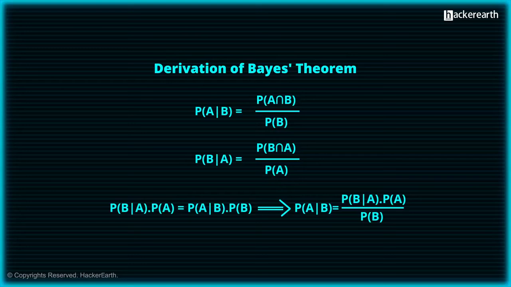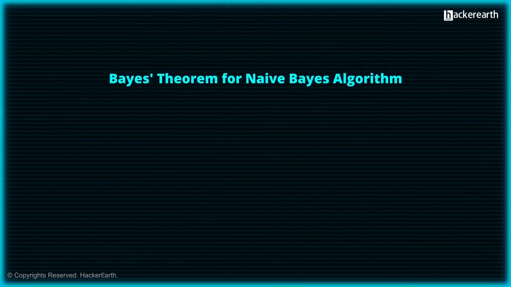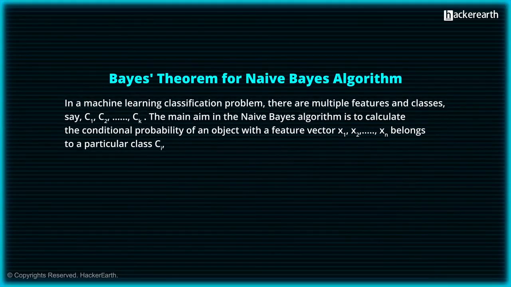Now that we have understood Bayes' theorem thoroughly, let us look at the form that Bayes' theorem takes for the naive Bayes algorithm. In a machine learning classification problem, there are multiple features and classes, say C1, C2, up to CK. The main aim of the naive Bayes algorithm is to calculate the conditional probability of an object with the feature vector x1, x2, up to xn, which belongs to a particular class, Ci.